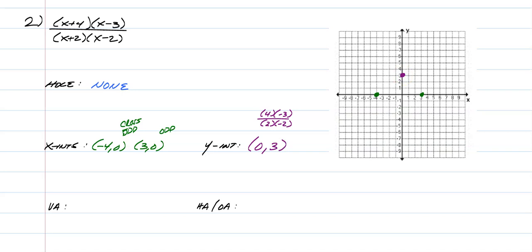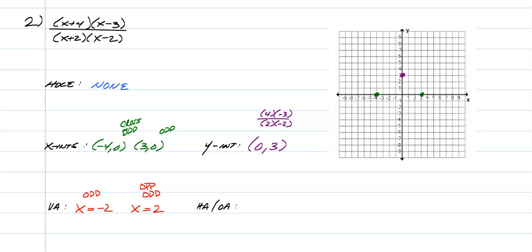Vertical asymptote. Your vertical asymptotes are going to give you x equals -2 and x equals 2. These are both odd, which means they come from the opposite direction. And the last part is your horizontal or oblique asymptote.